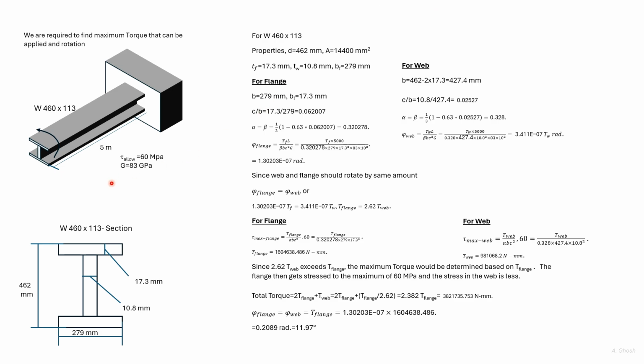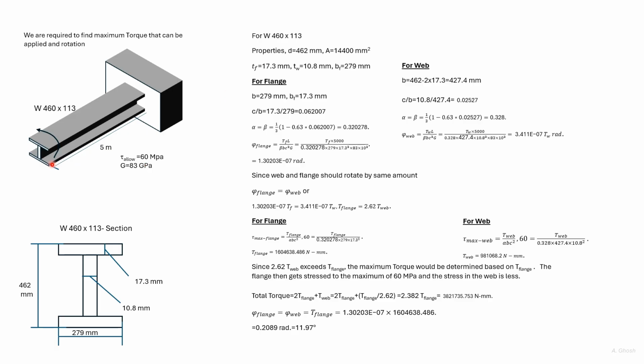Here, however, the situation is different since we are not given the torque that is applied, but we are given the maximum stress. However, using the deformation relationship, we can find a relationship between the torque in the web and the flange.